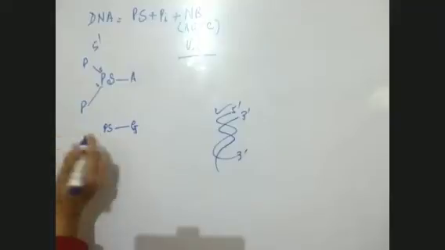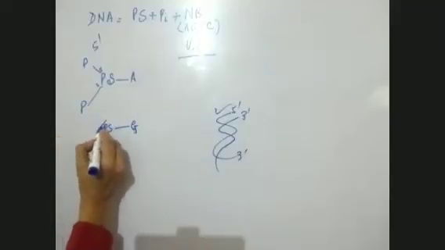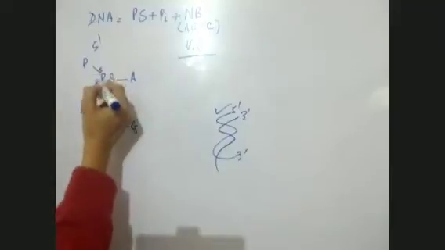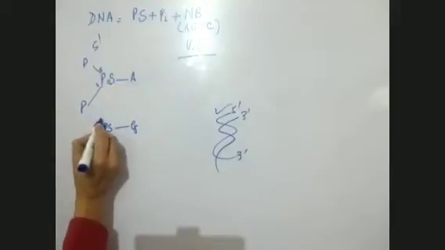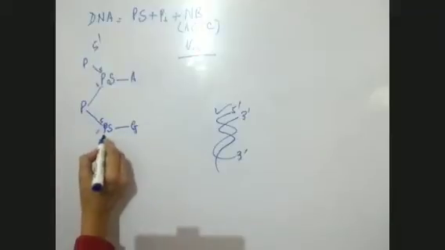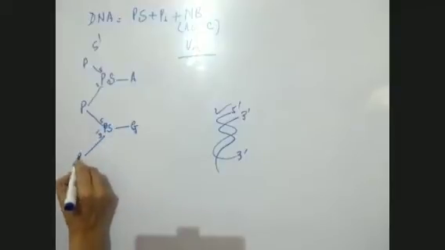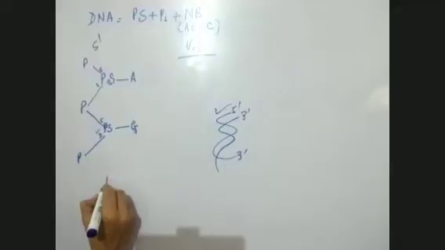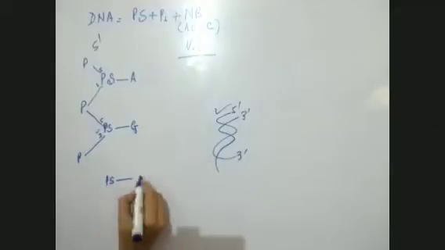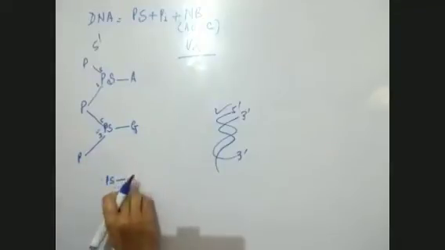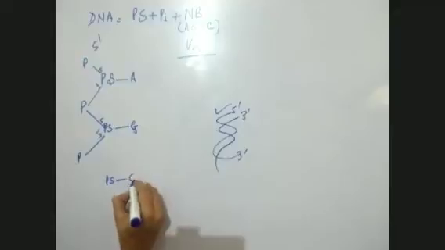Now, this same pentose sugar from the fifth end, 5, 3, again 5 here, from the fifth end will be attached to this phosphate. Now, from the third end, again, it will be connected to one phosphate. And we have another pentose sugar, which is connected from carbon 1 to a nitrogenous base.